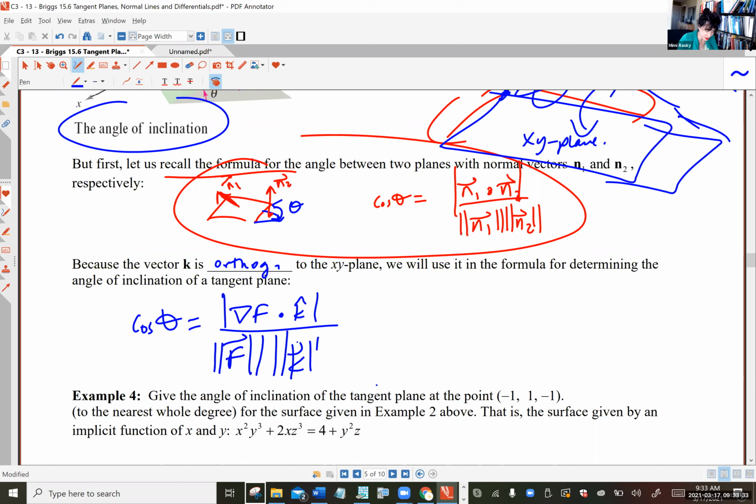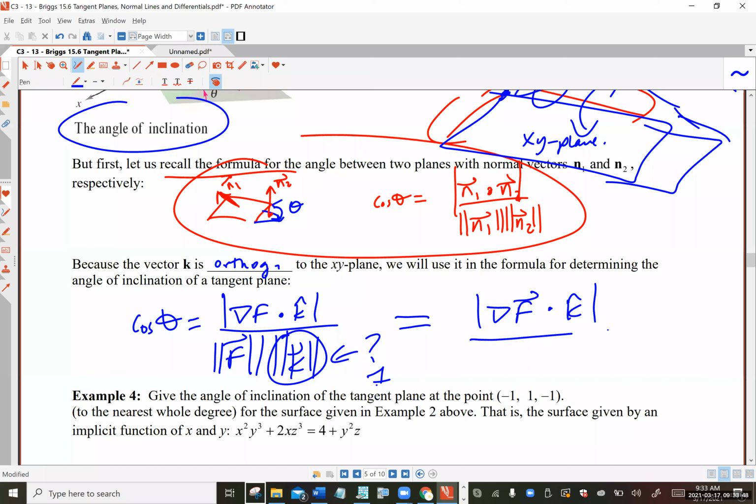But what's the magnitude of k? It's 1. So this really just ends up being the absolute value of the 3D gradient big del F dotted with k hat, divided by the magnitude of big del F.